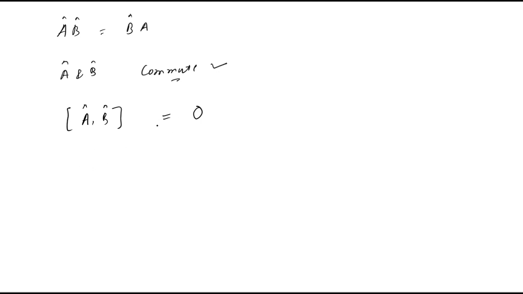And if the commutator of A and B is not equal to 0, that means they don't commute.